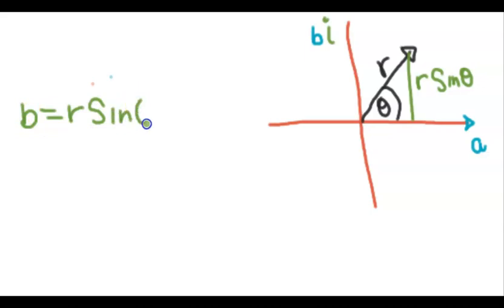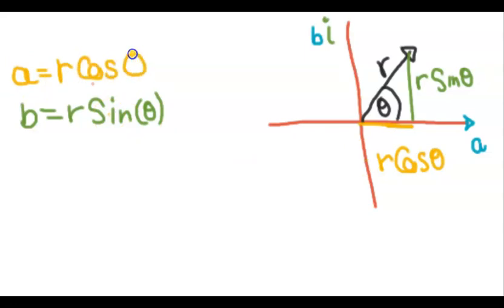You have the value for the R, you have the value for the theta. It's good to put the theta in the bracket. To find the A, which is this horizontal component, it is R cos theta. So A equals R cos theta. It's good to put brackets.